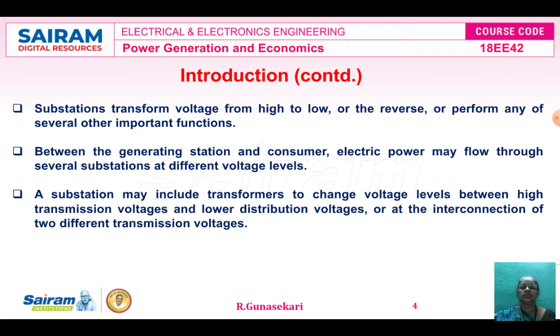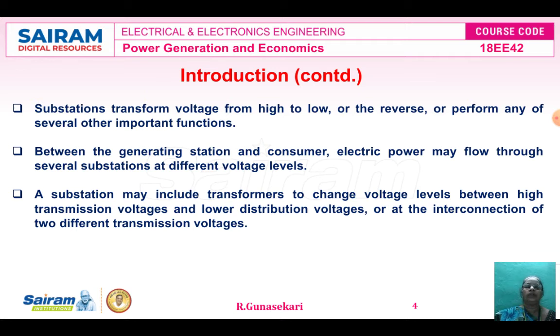These are the several stages. So the electric power may flow through several substations at different voltage levels. Different voltage levels means, first, at the generating station one voltage is generated, and again you can step up or step down. These are the different levels. This is the need of a substation.